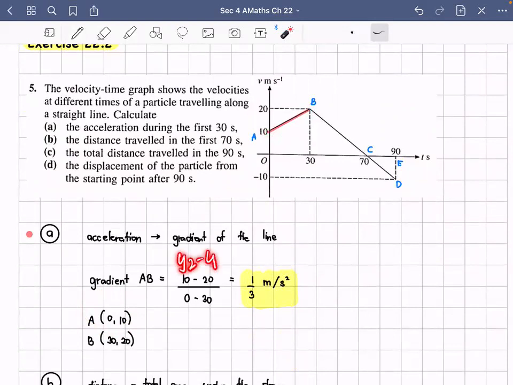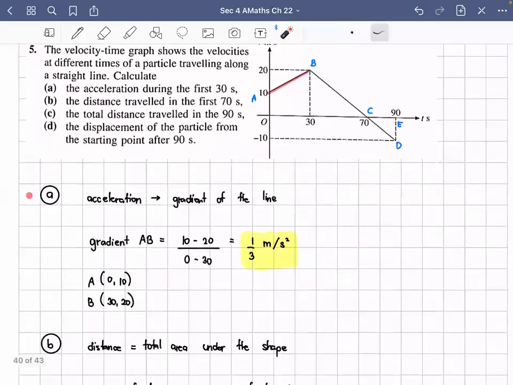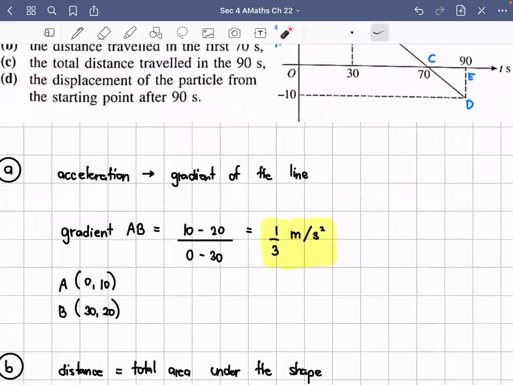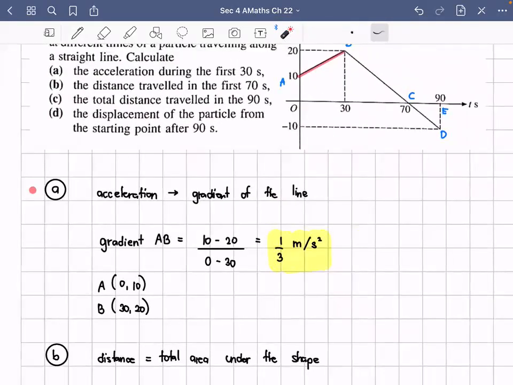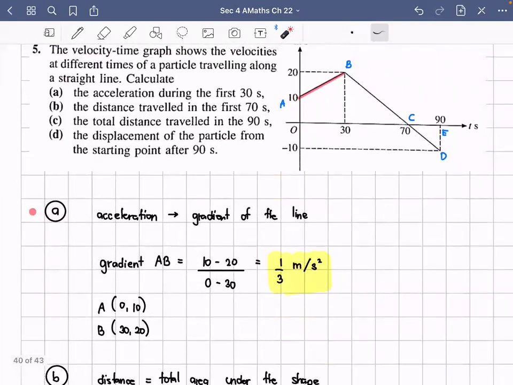Using the formula y2 minus y1 over x2 minus x1, you plug in those values, and your gradient is 1/3 meter per second squared. That means it's accelerating at 0.333 meter per second squared. That's why it's going up. So that's letter A.